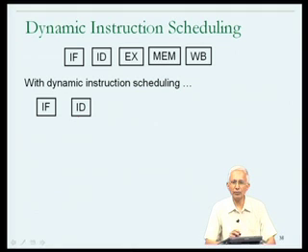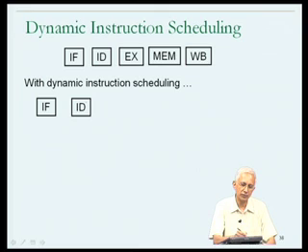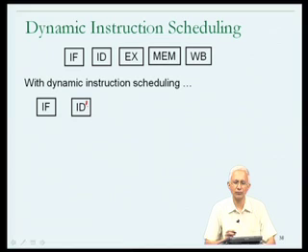However, it may not be possible to actually do the fetching of all the operands within the instruction decode stage, and therefore that functionality may be removed from the instruction decode stage. So, I will just put a prime over the ID to indicate that this is different from the instruction decode stage that we had in the pipeline that we were discussing up to now.